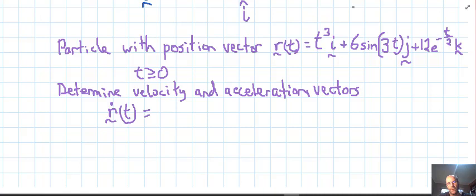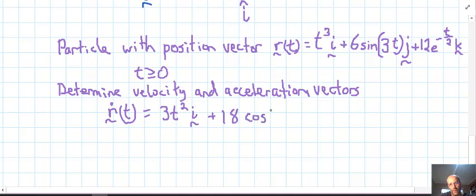So the first one will be 3t squared i. The second one is a simple application of the chain rule, or perhaps just learning a rule. 18 cos 3t, and that's in the j direction.